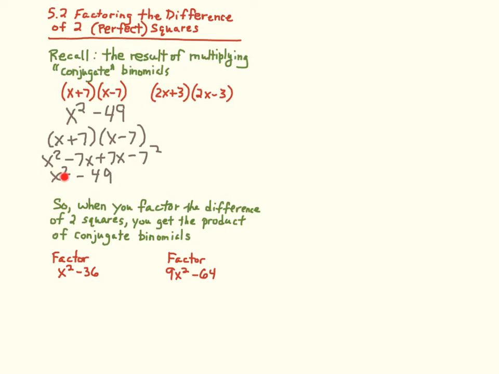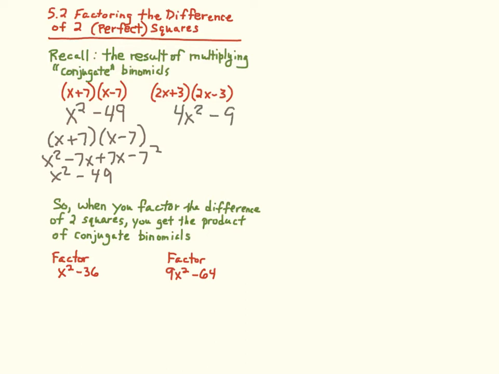Now, the reason I'm telling you that is because when we go the other direction, factoring means what are the factors of x squared minus 49, and what we started with are factors. So the factors of the difference of two squares are conjugate binomials. Let's look at 2x plus 3 times 2x minus 3. That would be 4x squared minus 9.